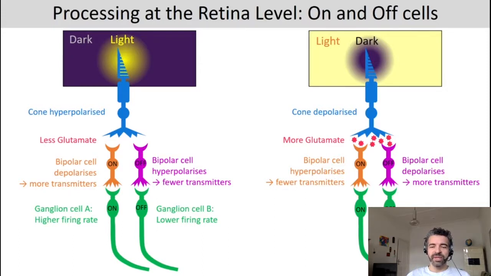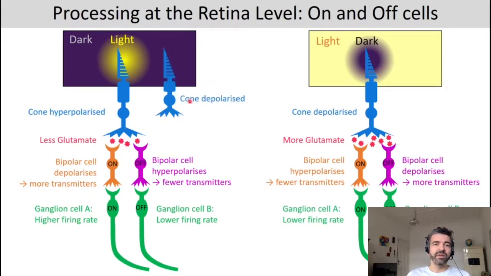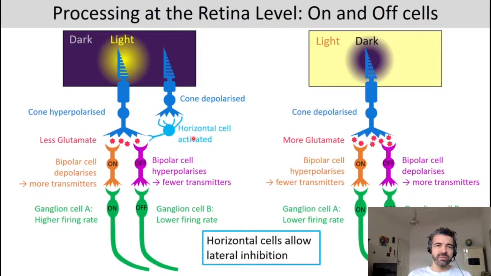And if you remember, we have these receptive fields with the on and off, so with the on center and off surround, or vice versa. And this is realized with lateral cells. Of course, there's not just a single cone. There's a neighboring cone here. And in this case, if this cone is presented in the light and this cone is in the darkness, then we have something called a horizontal cell.